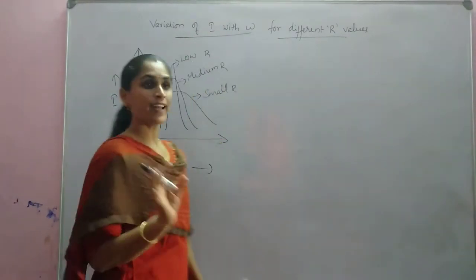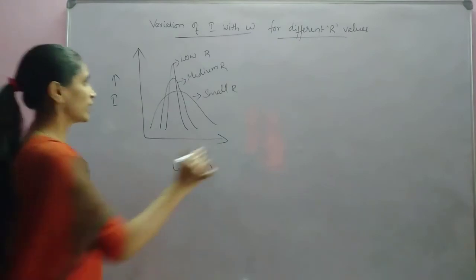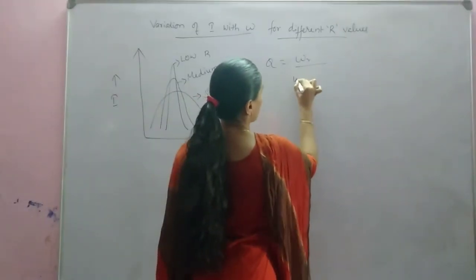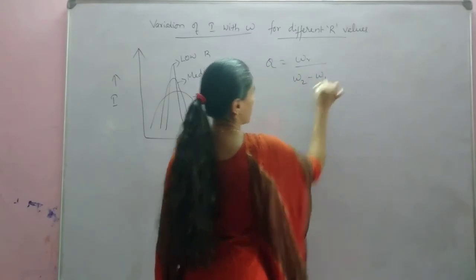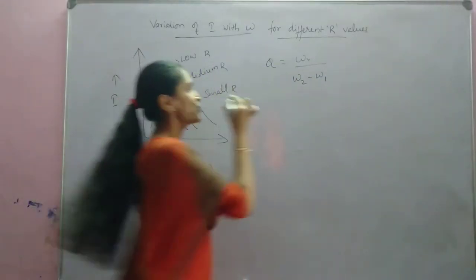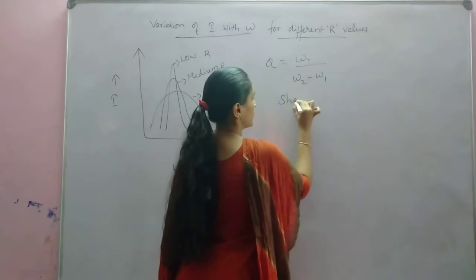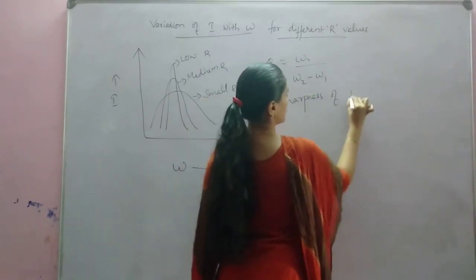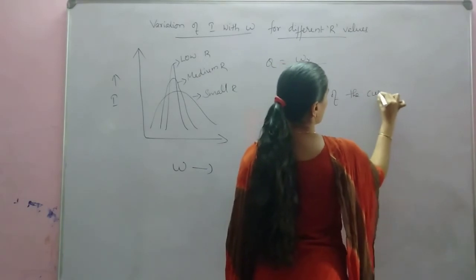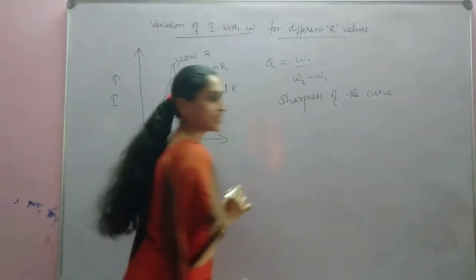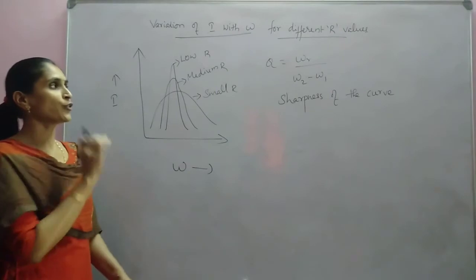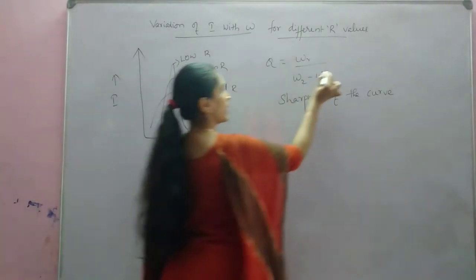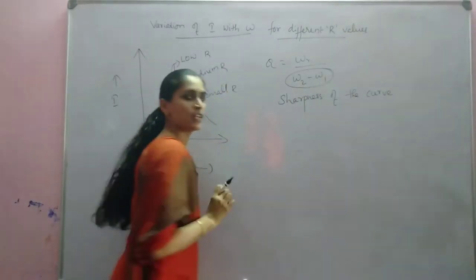So we have written quality factor is equal to omega r by omega 2 minus omega 1, which shows the sharpness of the curve. If Q value is large, this omega 2 minus omega 1 will be small.